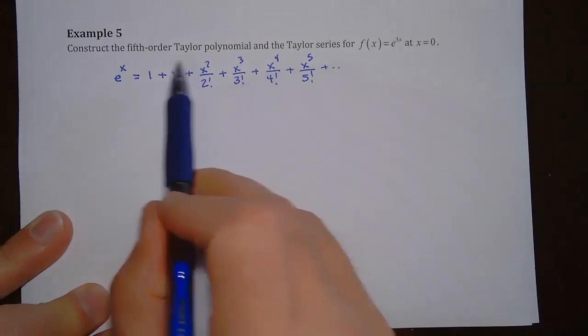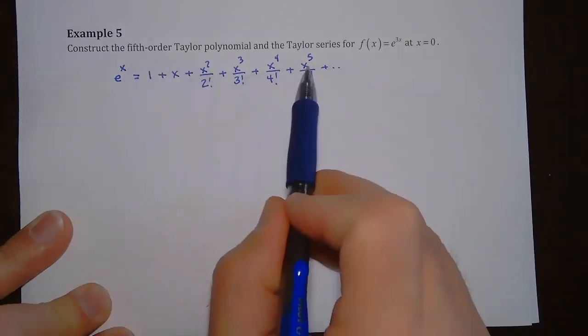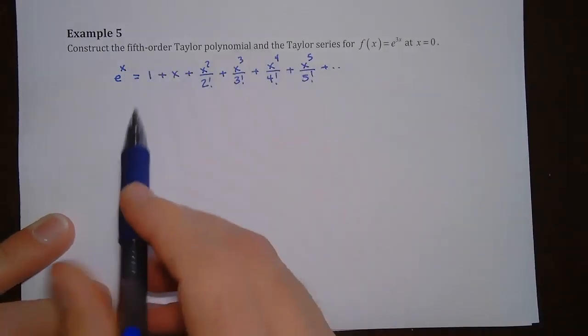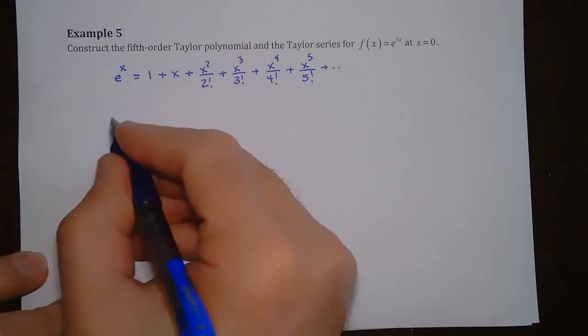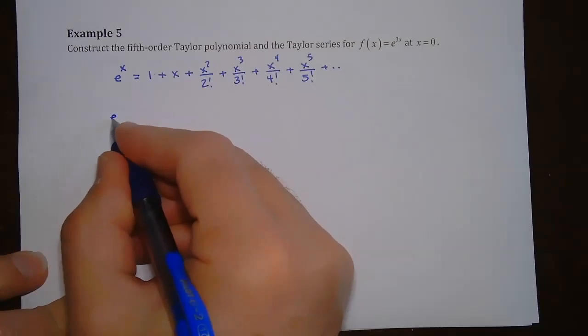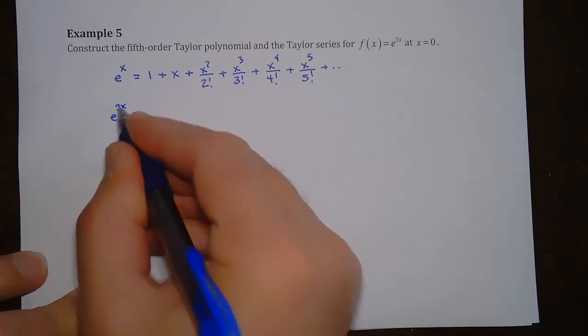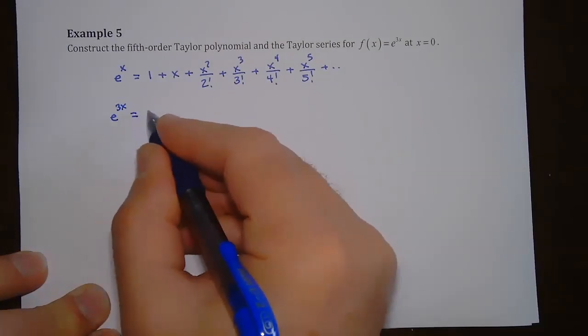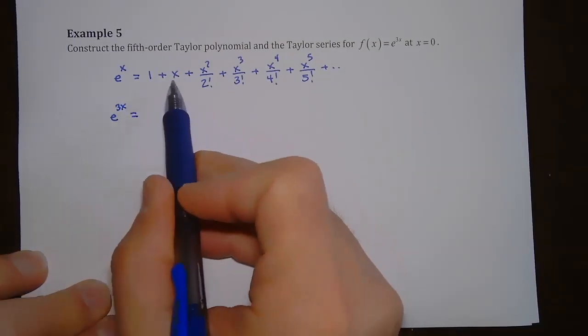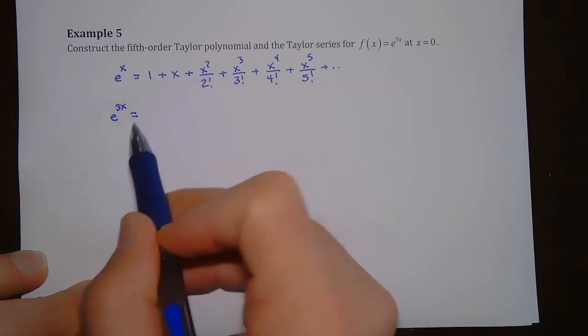But what I'm going to do is I want a 5th order, so that's why I went all the way out to here. So to do this, we can construct a 5th order Taylor polynomial, and we could say e to the 3x is equivalent to, and what we're going to do is everywhere we see x, we're going to substitute 3x.